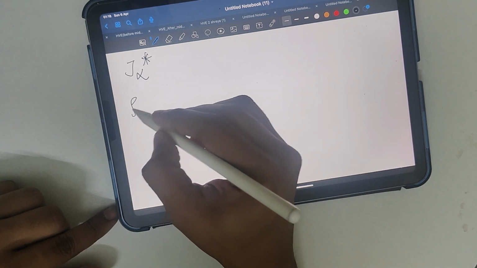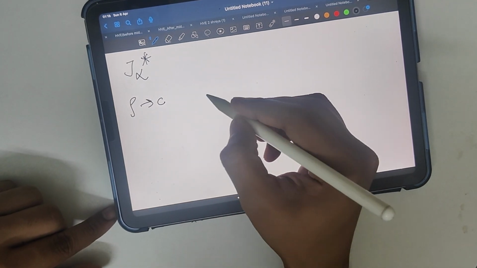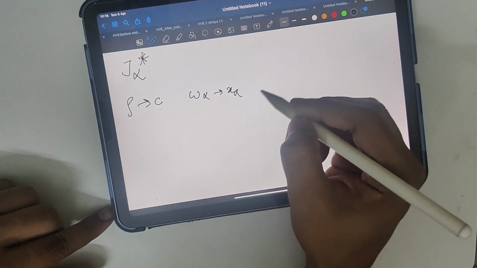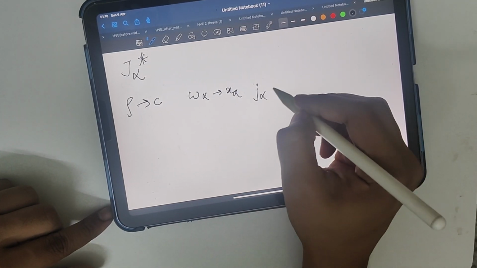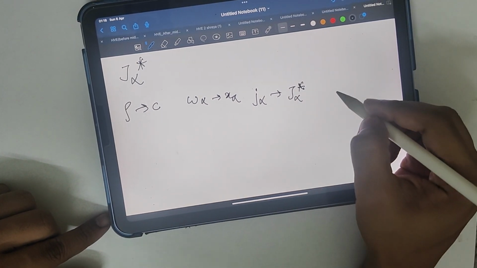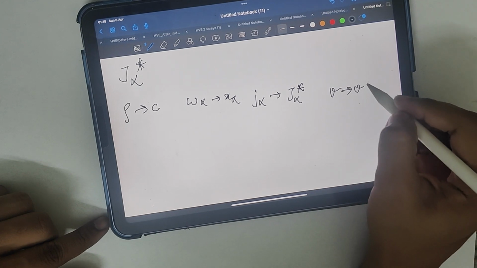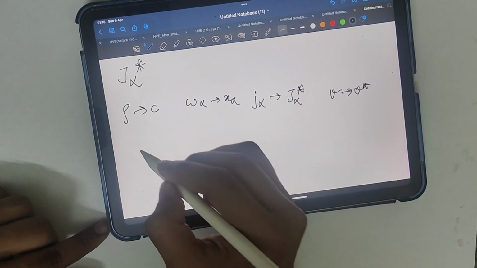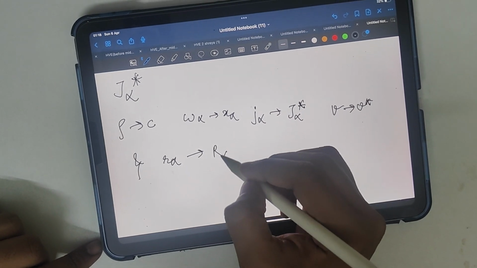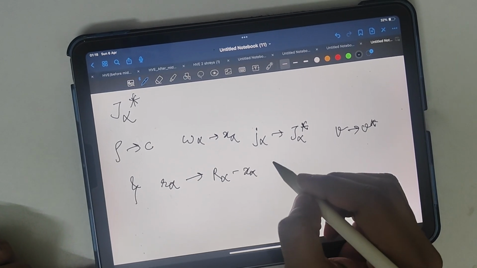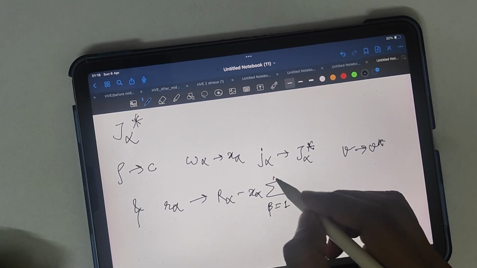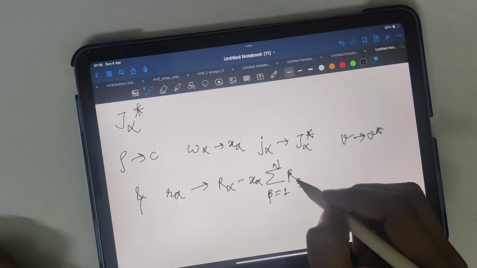We can replace rho by C, W alpha by X alpha, J alpha by capital J alpha star, V becomes V star, and R alpha becomes R alpha minus X alpha times summation of beta equals 1 to n R beta.